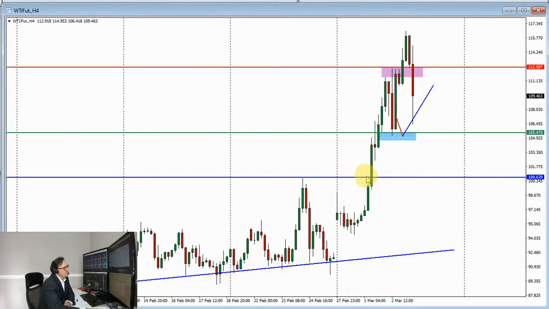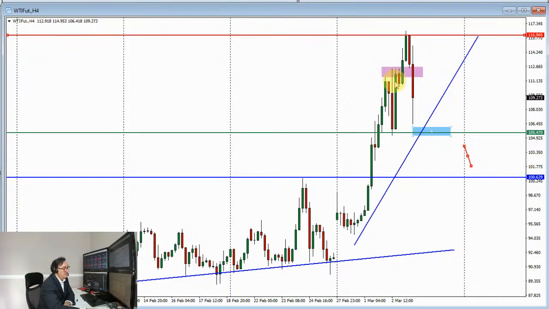So it's not unusual to see this type of reversal and so on. What would I do at the moment? Would I buy or would I sell? Well, to be honest with you, I would be looking for a retracement at the same level that I was looking at yesterday, maybe down here at 105.50, and then to see what happens there.